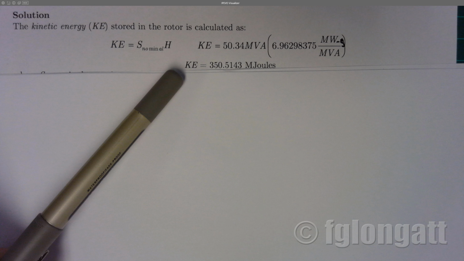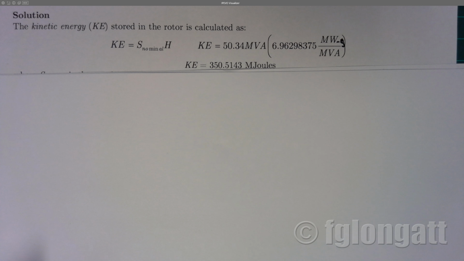From there, we can see that the total kinetic energy is 350.5 megajoules. That is the total kinetic energy at the rotor when it is rotating at constant speed, equal to the synchronous speed.